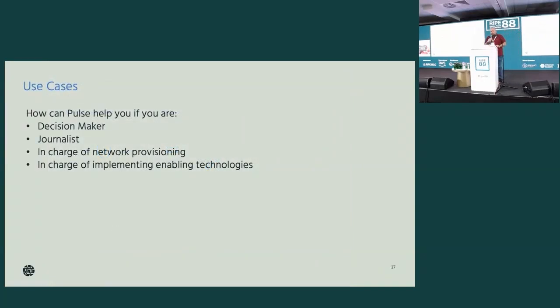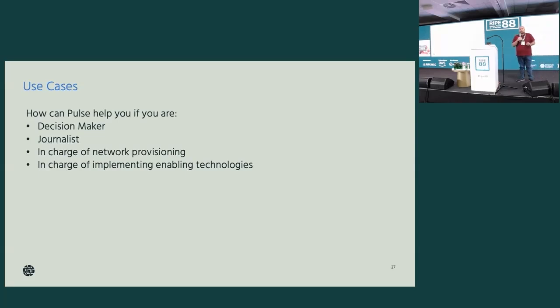So, how can people use that? Decision makers can just go in and see the data that many of us in the room collect and find an easy way to make use of it.